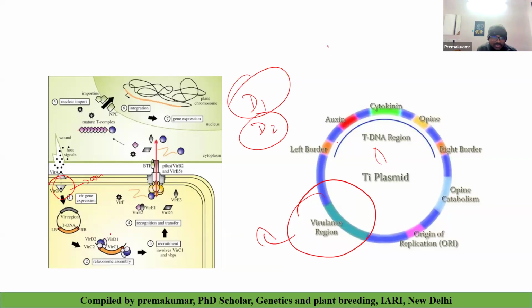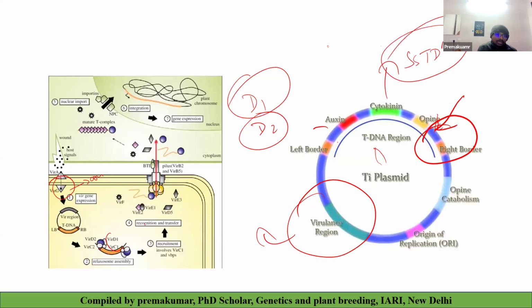They will bind to the T-DNA region at the right border. They will introduce a break in the DNA and synthesize the single-stranded T-DNA. VirD1 induces, VirD2 holds.